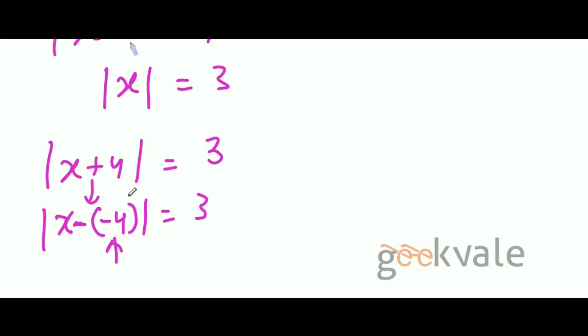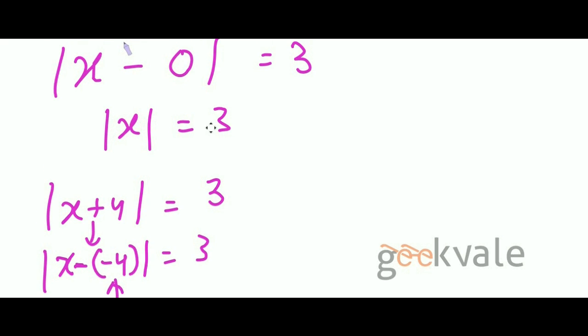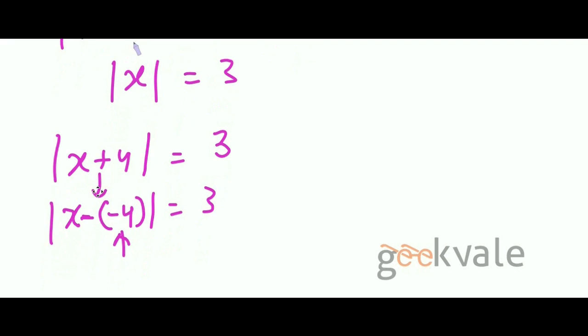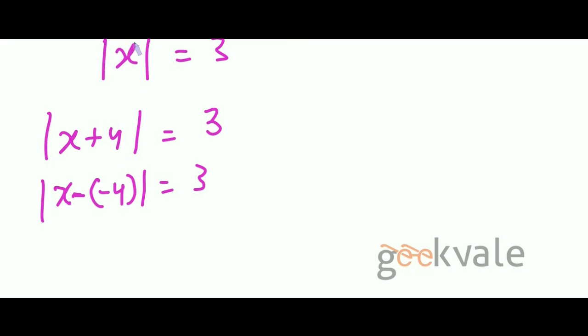Alright, so far we got how to express a word sentence into a meaningful absolute equation, and how we can easily locate the center point of a given absolute equation. Okay, for now we're going to pause it over here. There is a separate lecture on how to solve the absolute equation.